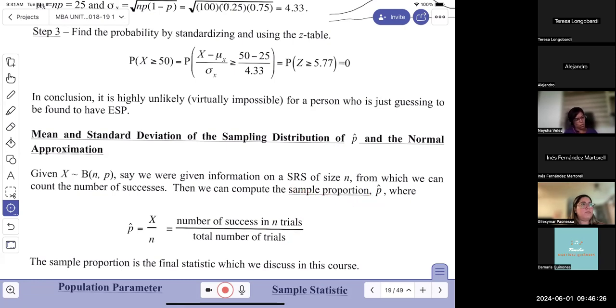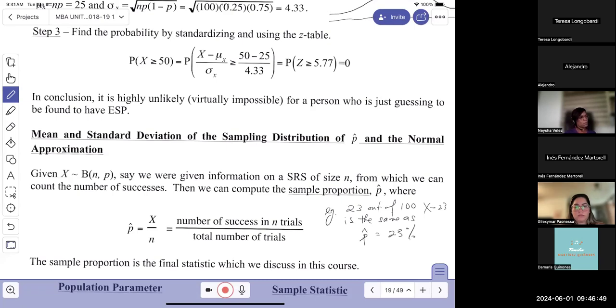So for instance, we were talking about 23 out of 100. So X equals 23. It's the same as 23%.